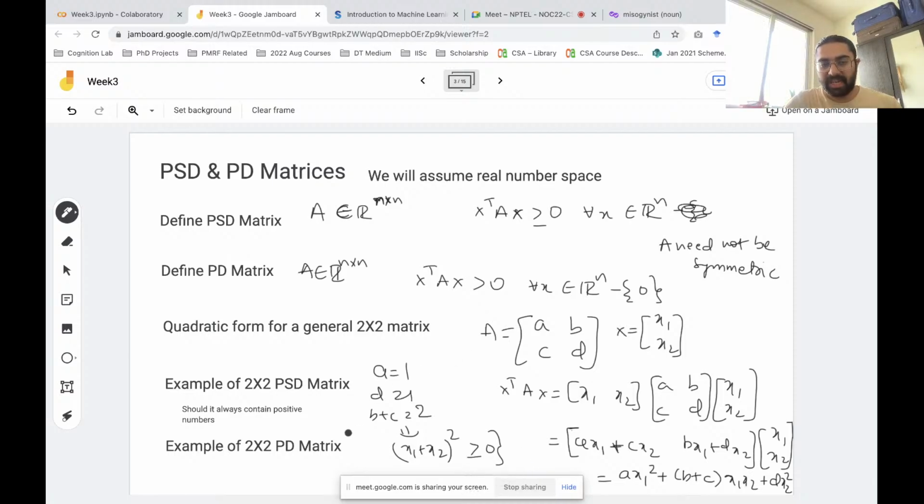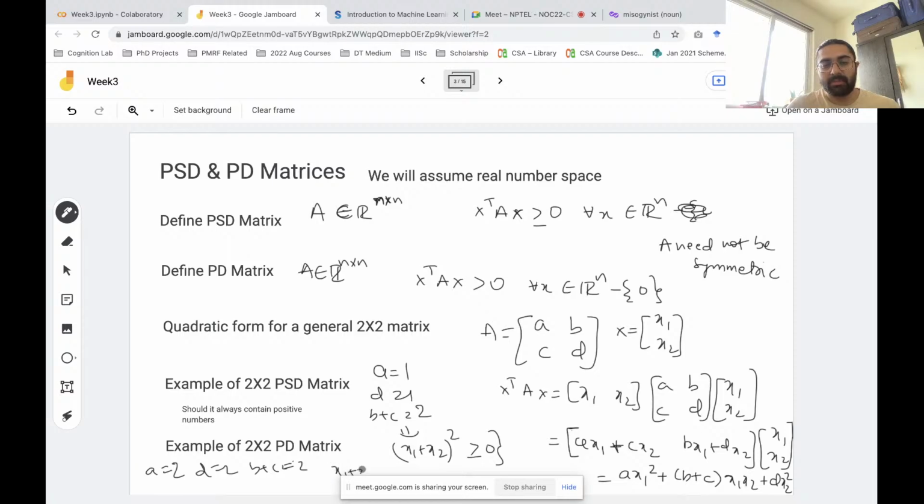For the case of a PD matrix, we could do something more from this. For example, a equal to 2, d equal to 2, and b plus c also equal to 2. What would this correspond to?